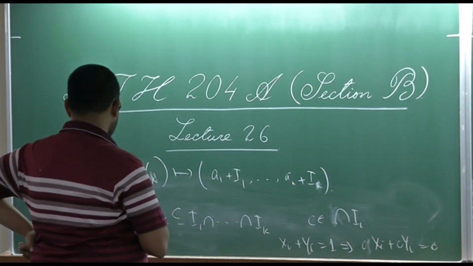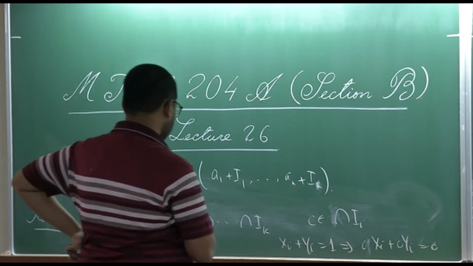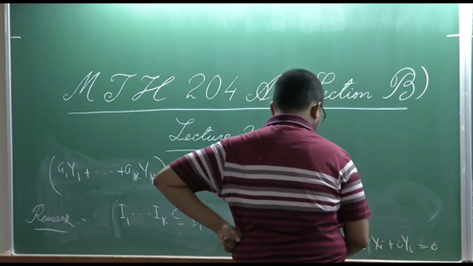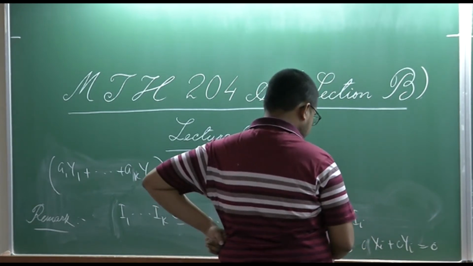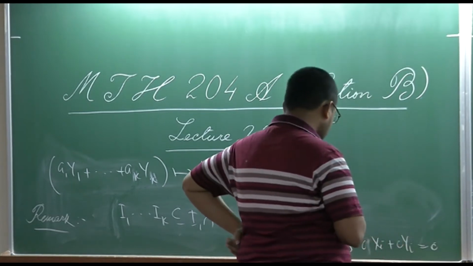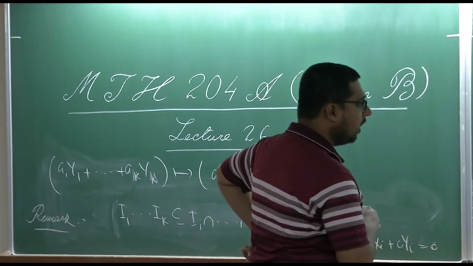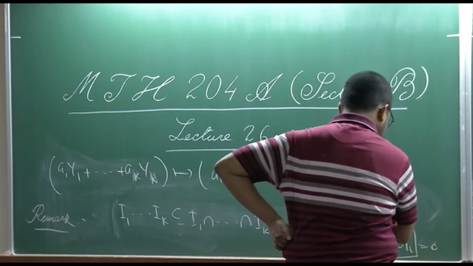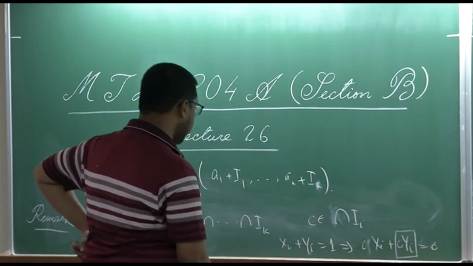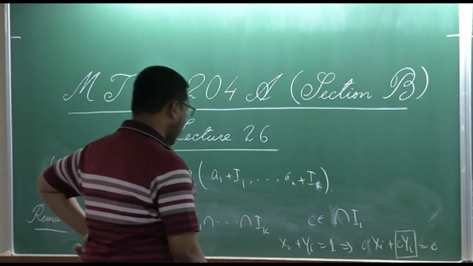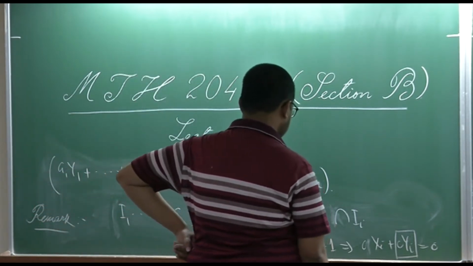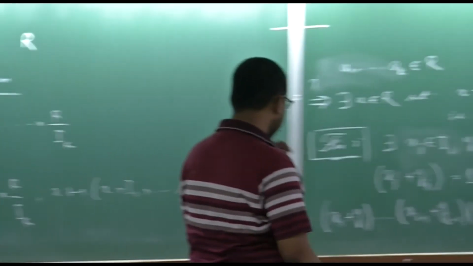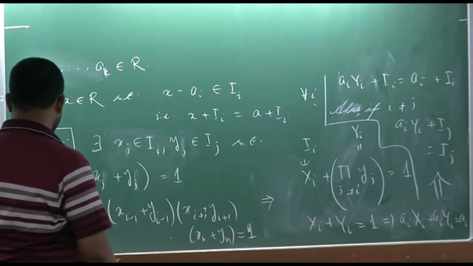Okay. Therefore, c is in I_i, and this x_i we have, okay. So, y_i is clearly inside this product, and basically we have to show... So what is x_i?